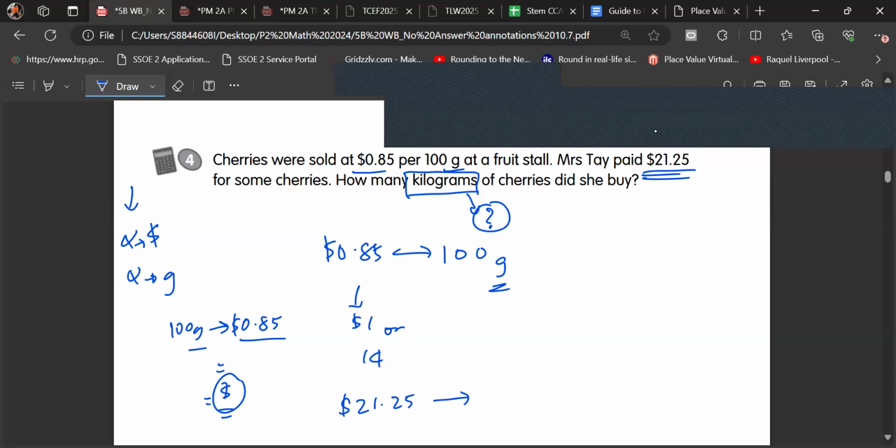So if I go by $1, it is easier. From 0.85 to $1, from $1 to $21.25. So I have this quantity times 21.25. Which by the fraction that we know, I can write as 100 divided by 0.85, because from here to here, I divide.